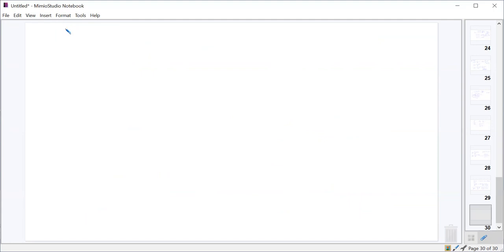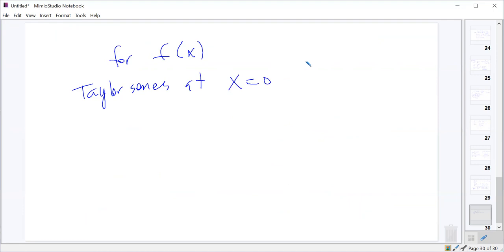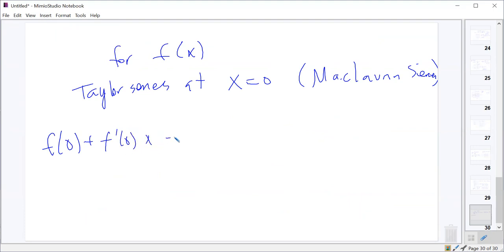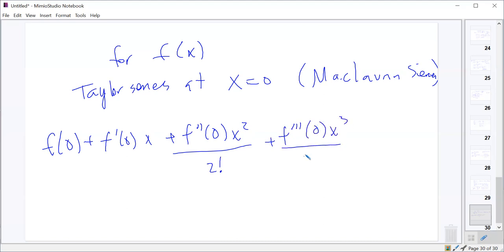The way we would generate the Taylor series or the Taylor polynomial for any function f of x, the Taylor series at 0, which we also call the Maclaurin series, is always f of 0 plus f prime of 0 times x plus f double prime of 0 times x squared over 2 factorial plus f triple prime of 0 times x cubed over 3 factorial, and so on for as many terms as we want if it's a polynomial that we're going to truncate, or to infinity if it's a series.